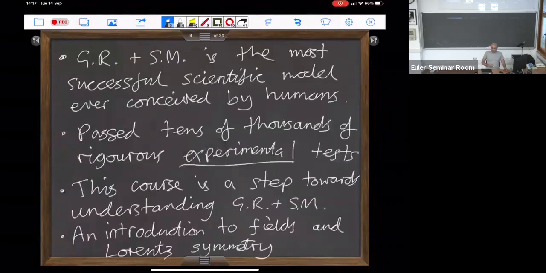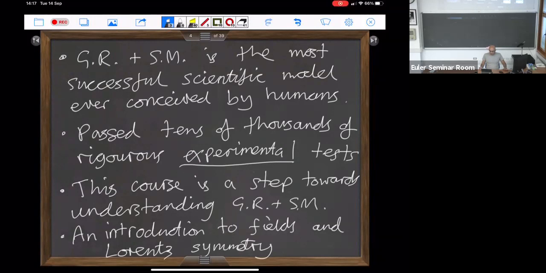And I wanted to say something since this is the first week of the program. General relativity and the standard model is really the most successful scientific model that has ever been conceived by humans.